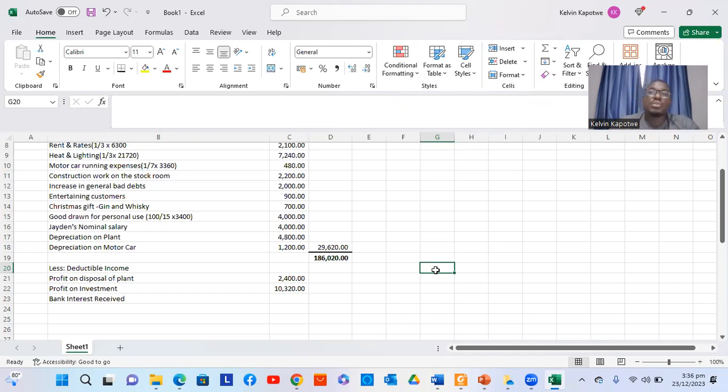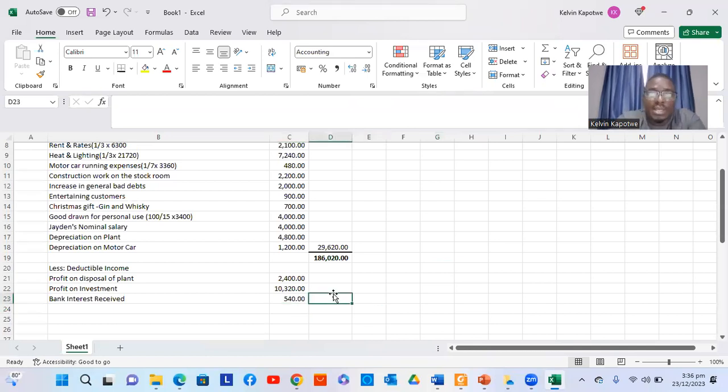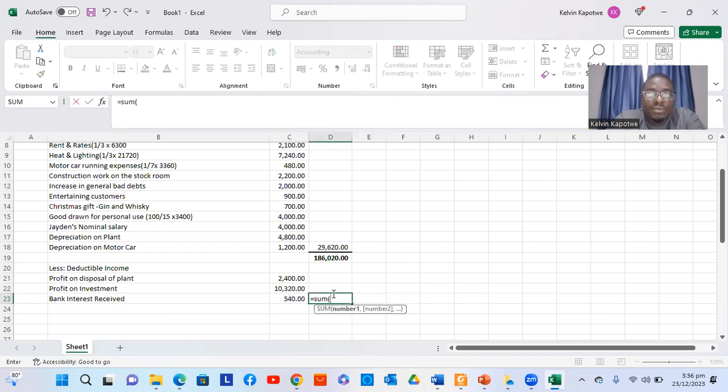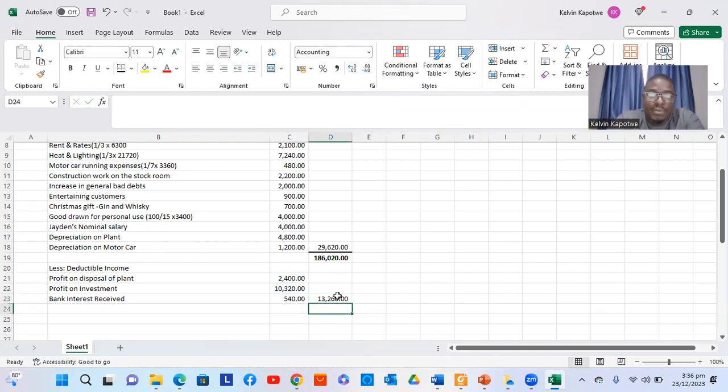So you need to net it off from there. We are told it is 540. As I said, accountants are very clean in the way they present information so that people are able to follow. We don't just do things anyhow.